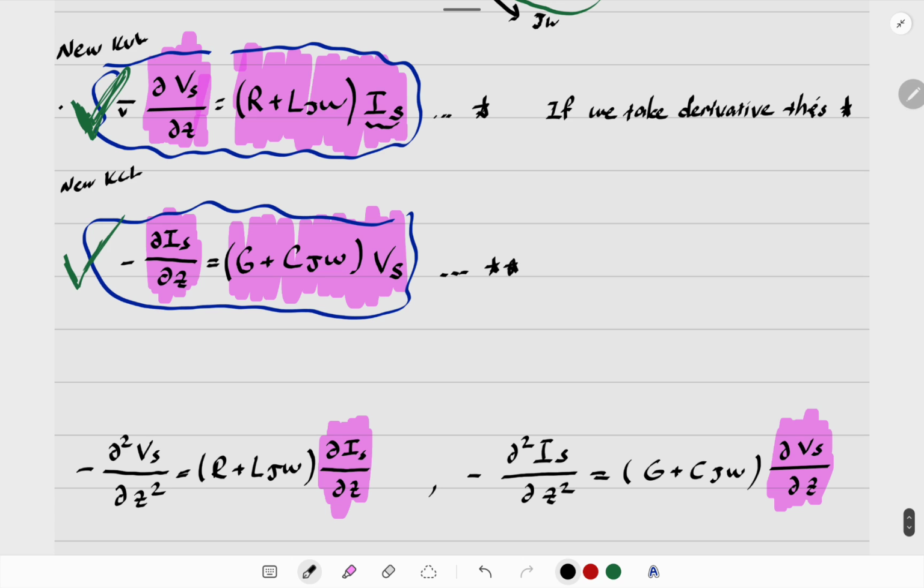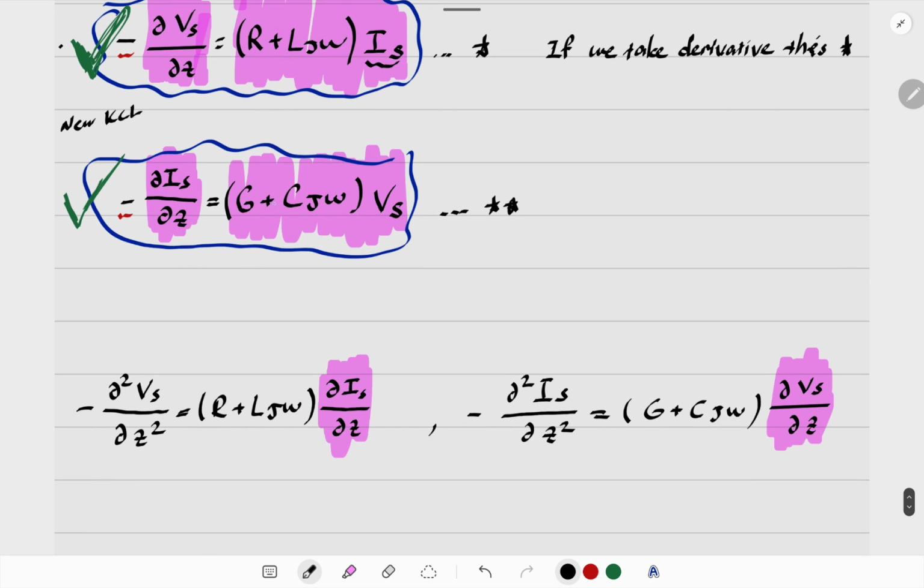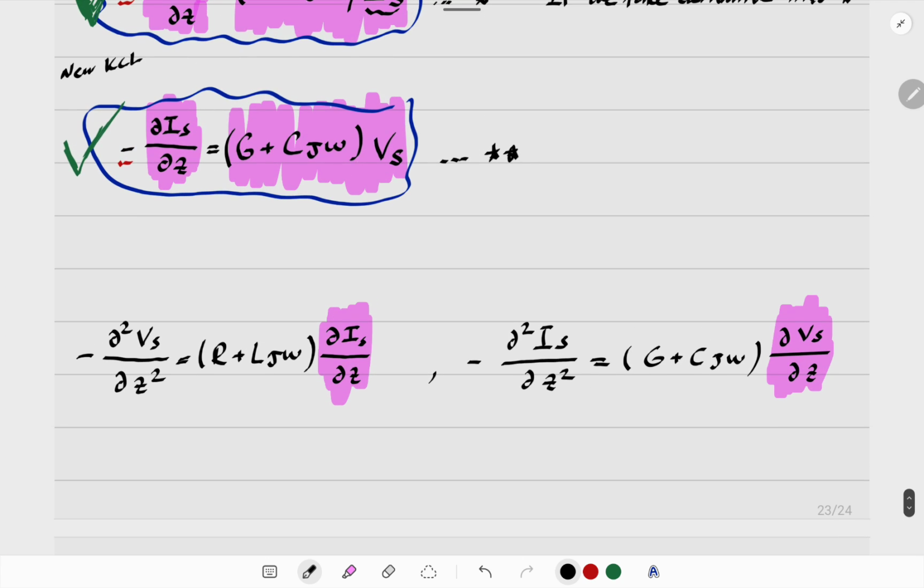So, but let's not forget our minus signs in here. So let's go. Minus del square vs divided by del z square equals to r plus l j omega times, what is I del is del z? It is g plus cj omega vs, but with minus. We also minus.